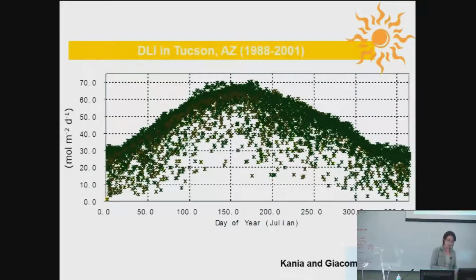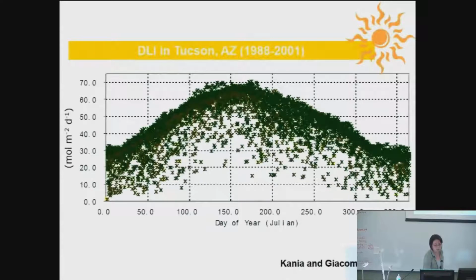But anyway, you get the cumulative value, and then this is plotted over the Julian day. So 1 is January 1st, 365 is December 31st, right? And then just plotted over that 1-year period, but with 13 years of data.